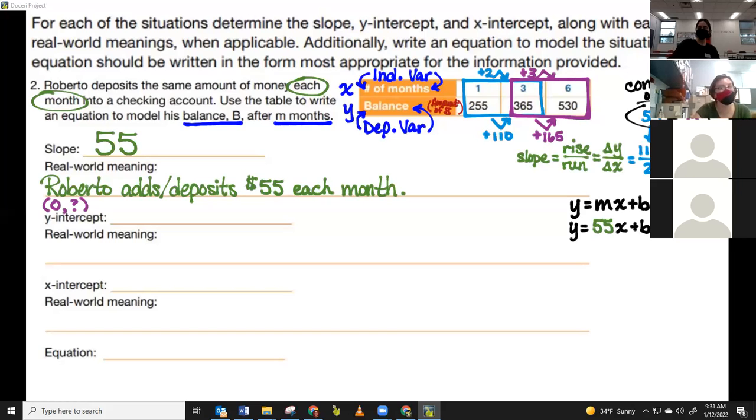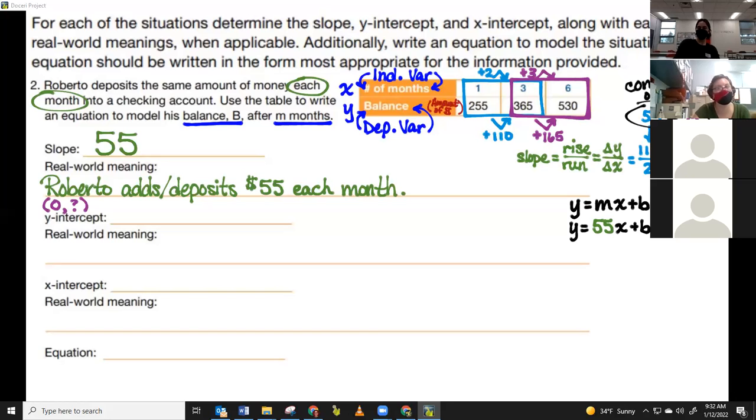I have a whole table full of XY pairs, months and balance. Let's pick one of the ordered pairs off the table and we'll substitute it in. We've got 3 ordered pairs to choose from. There's 1, 255, there's 3, 365, or there's 6, 530.